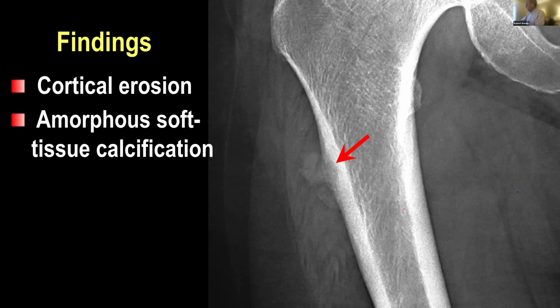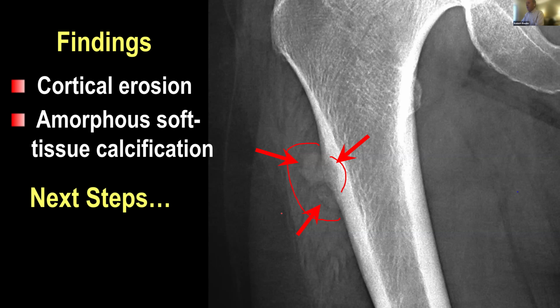Well, this is something that you will see at some point. Characteristic cortical erosion and amorphous soft tissue calcification.